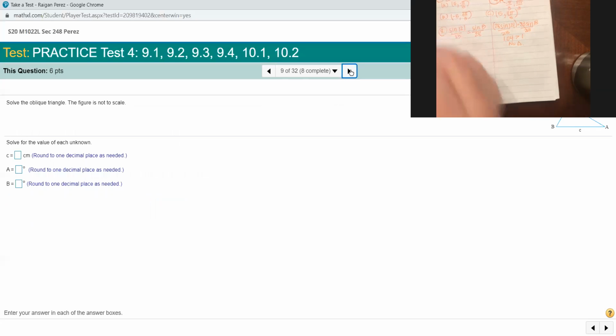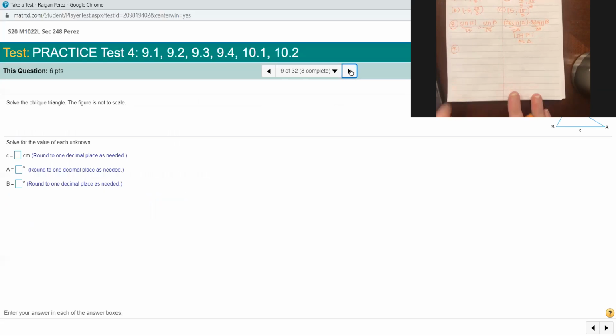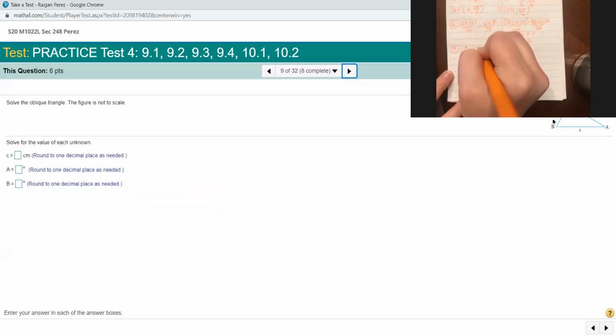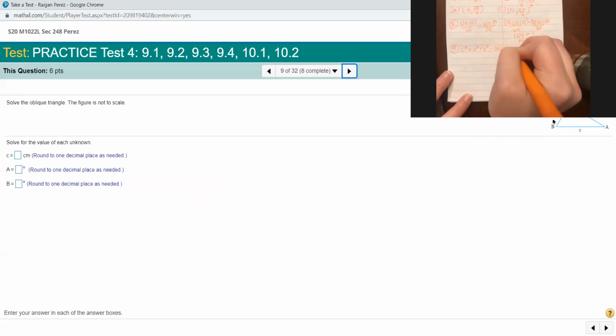Okay, number 9. Solve the oblique triangle figures on. I gotta move this apparently. Okay, so we have side angle side, which means we have to use law of cosines. So let me see if I can remember. We got c squared is equal to a squared plus b squared minus 2ab cosine c.